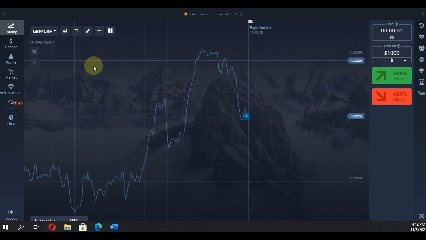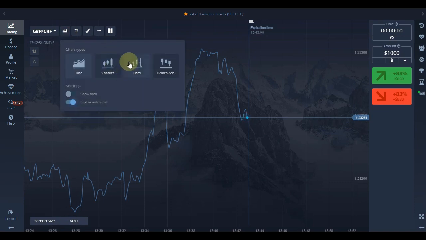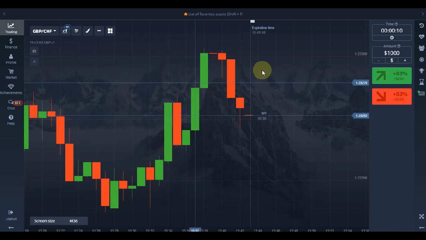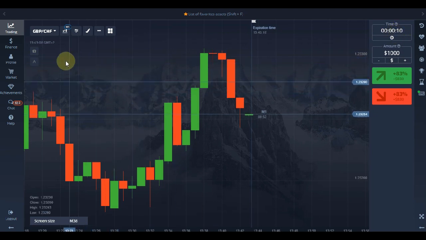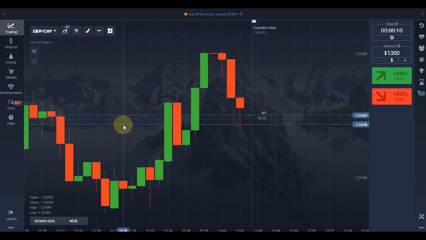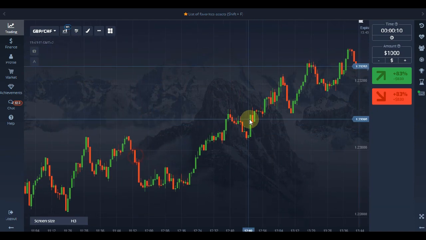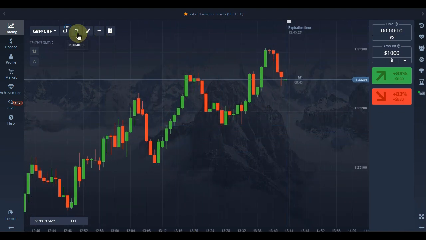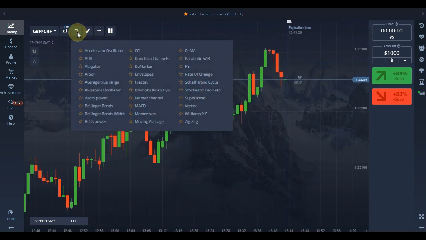First of all, I'm going to the candlesticks using 1 minute time frame and 10-second for trade time. The indicator I am using for this 10-second strategy works on this indicator's help.